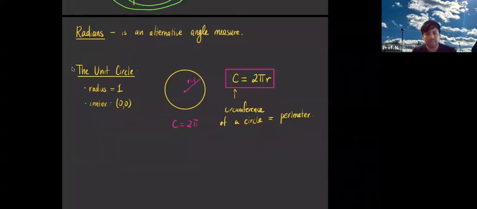What does that mean? That means that if I move around the circle once, the length is exactly 2 pi. So that's exactly what we're going to make now. We're going to say that 2 pi radians is equal to 360 degrees.